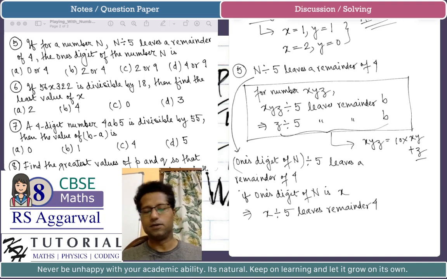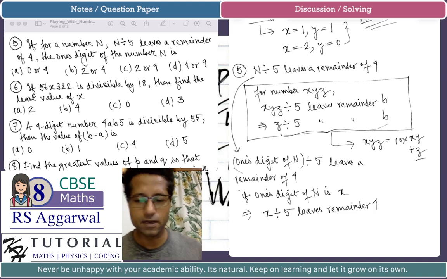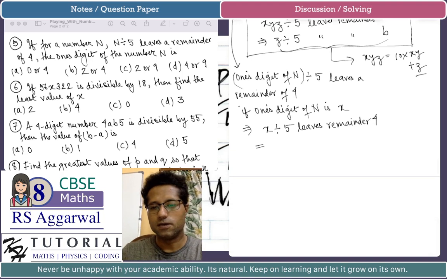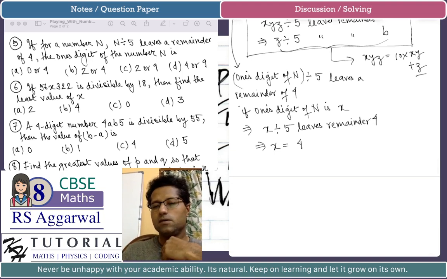Now what can the digit x be such that when it is divided by 5 it leaves a remainder 4? What are the possible values of x? x can be 4. Now what else can x be? Can x have any other value, any other digit such that when it is divided by 5 it leaves a remainder 4? Yes, it can be.